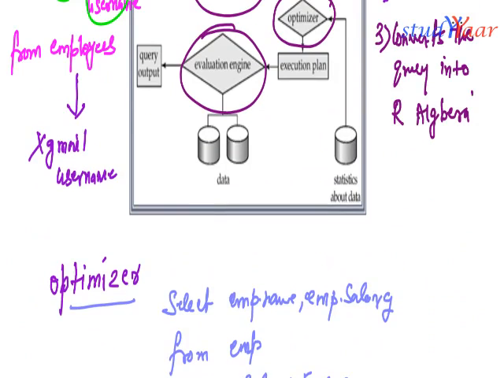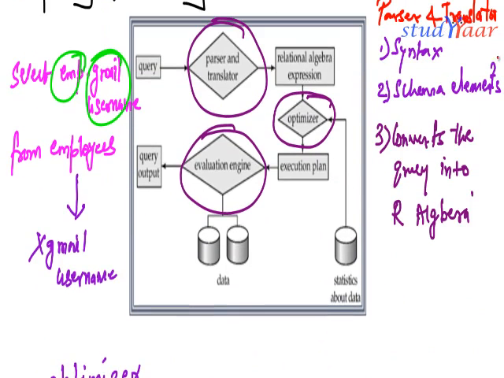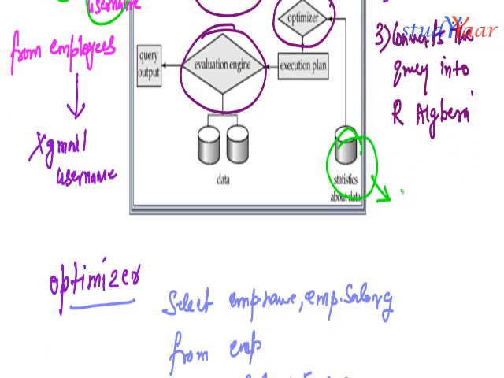And how do I make decisions regarding the cost of a query evaluation plan? For one particular query evaluation plan, I use statistics. Statistics contains information about relations, like what is the size of the relation. Let's suppose I use a brute force method to search a particular condition. In that case, I would have to refer to every particular record. So my cost would be the size of the relation.